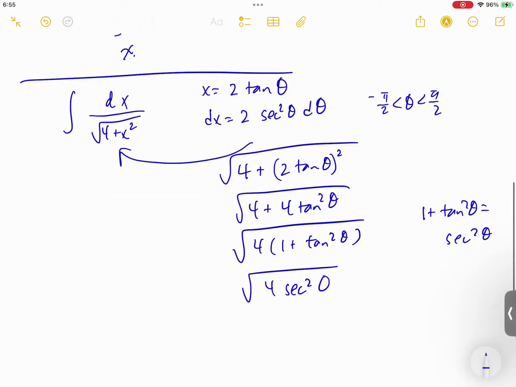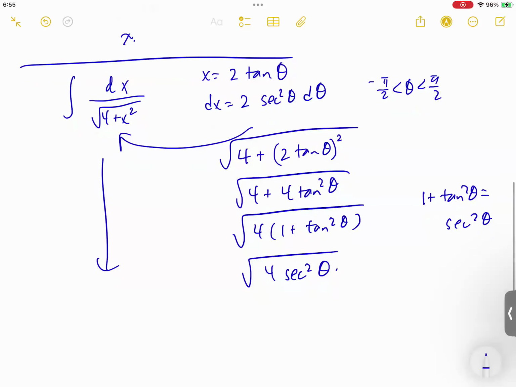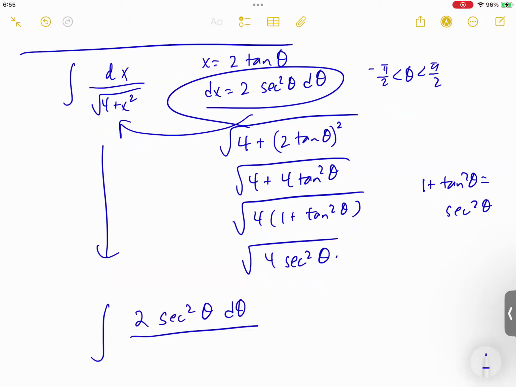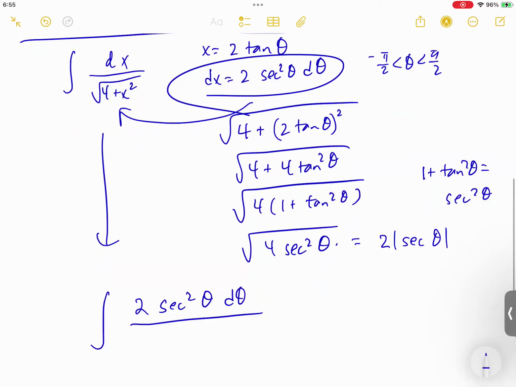So we have that. And then I want to substitute now into our integral. So basically we have this integral. Dx we saw was 2 secant squared theta d theta. And then we have the square root of 4 secant squared theta for the bottom. So this will give us 2 times the absolute value of secant theta.